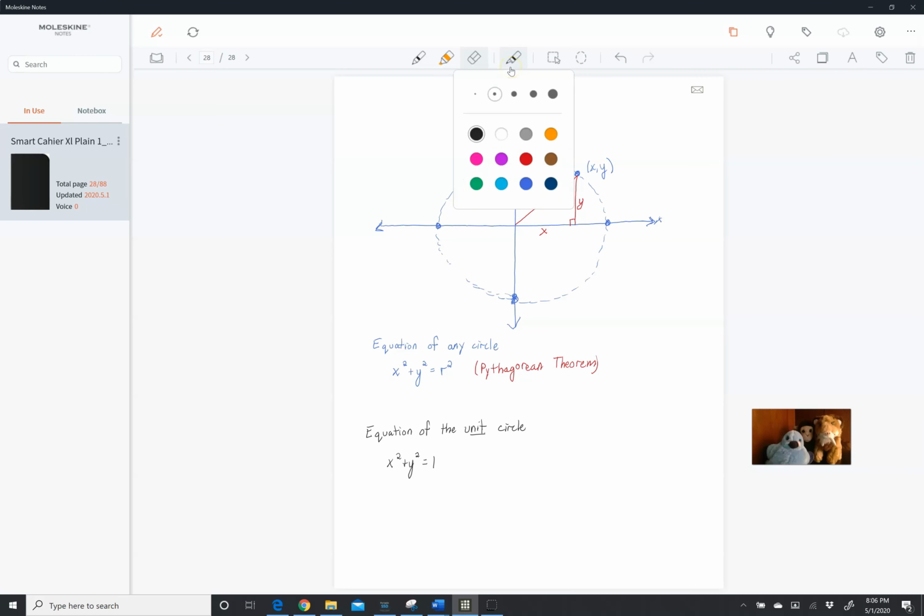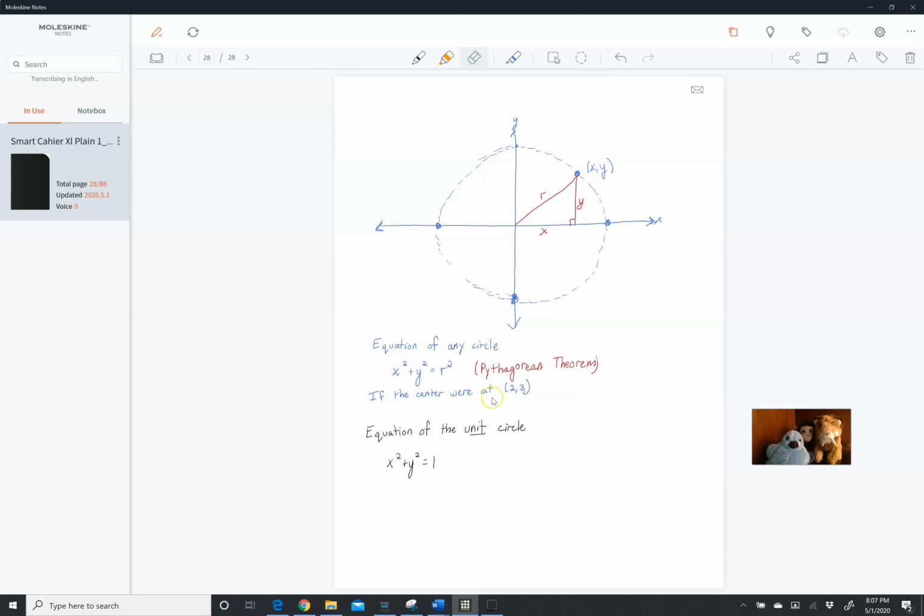So if the center is at 2 comma 3, and if you notice I'm not putting this under the unit circle, that's because the unit circle specifically has a center of 0, 0.